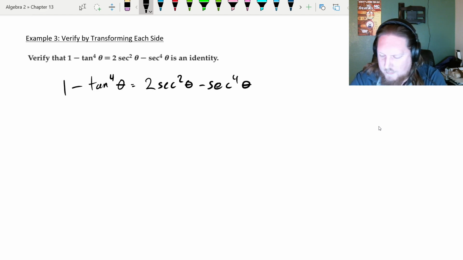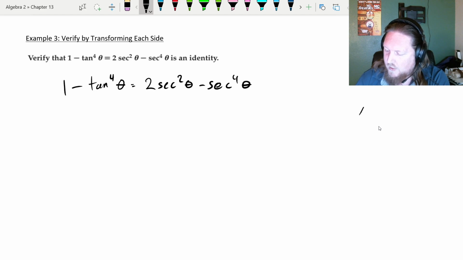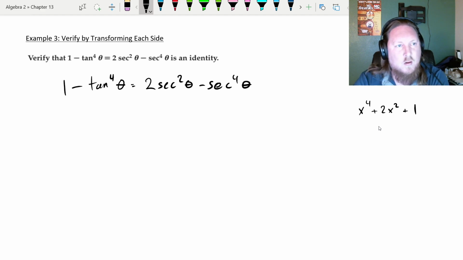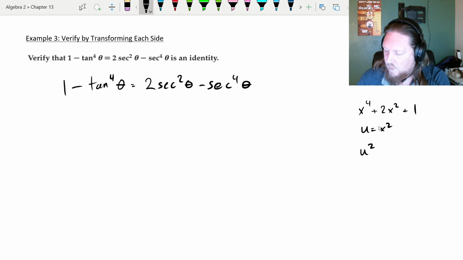If you remember way back in the quadratics chapter, we learned how to deal with something like a quartic function by saying, hey, let u equal x squared, and then we have u squared plus 2u plus 1, and then we could factor it, u plus 1 squared.